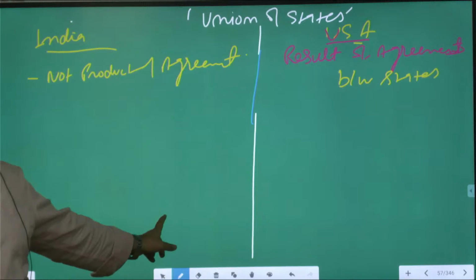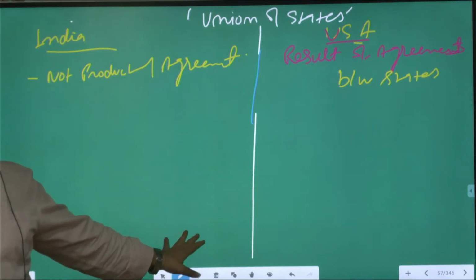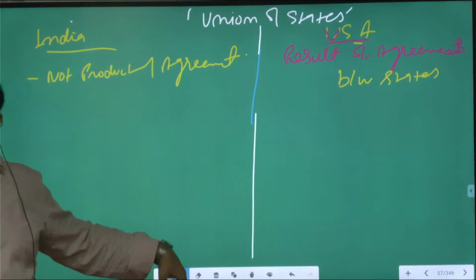But in India, the union is not a result of an agreement. What does it mean?